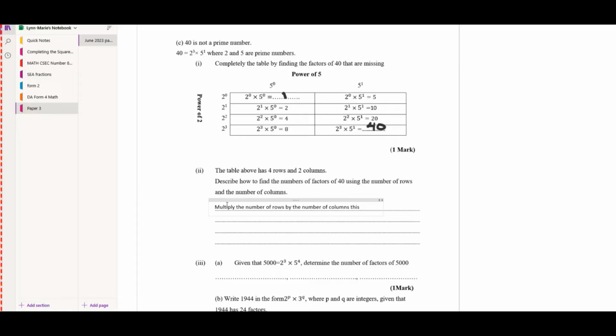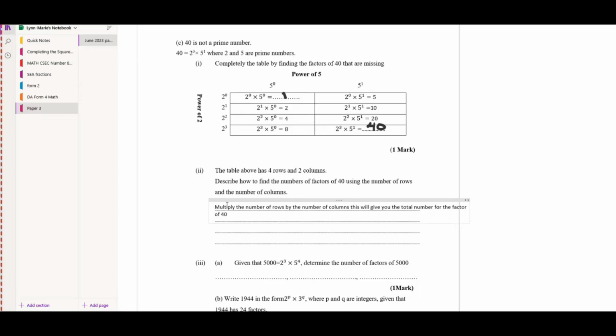This will give you the total number for the factors of 40.